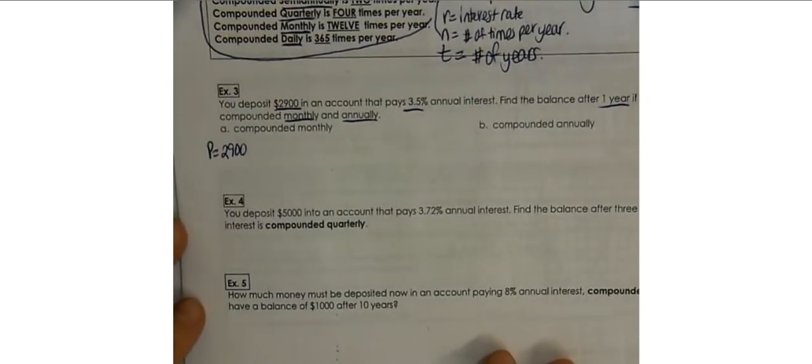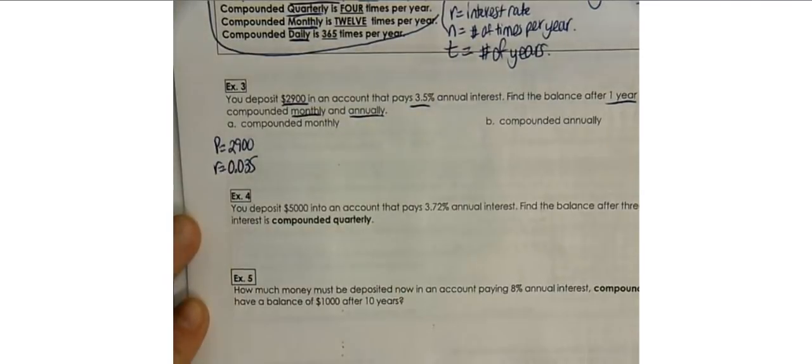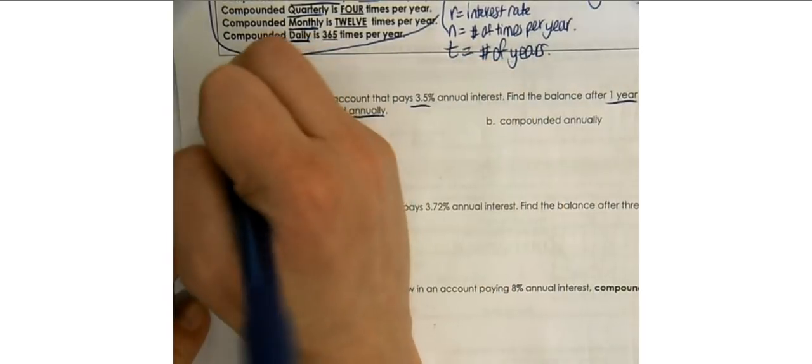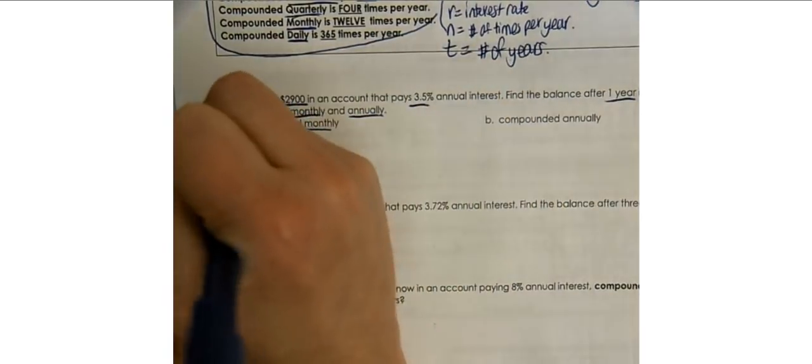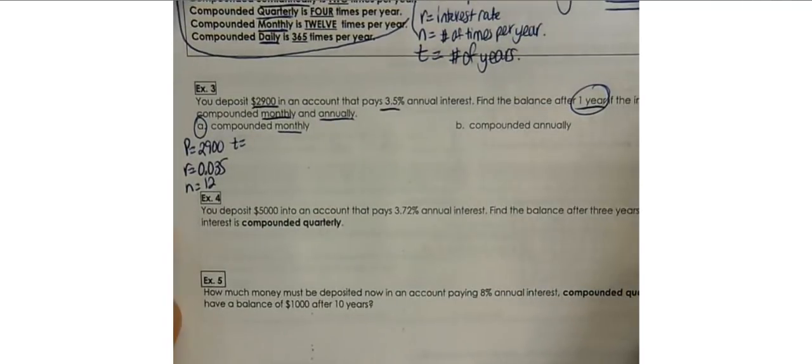So we're putting $2,900 into an account. Then our rate is equal to 3.5%, and I'm going to write that as 0.035. n is going to change. For letter A, we have monthly, so n is going to equal 12. And then t, how much time is it taking place? Well, it's going to take place over a year.